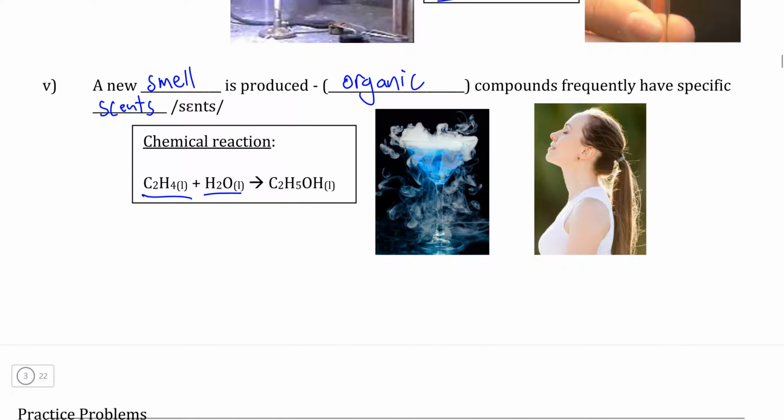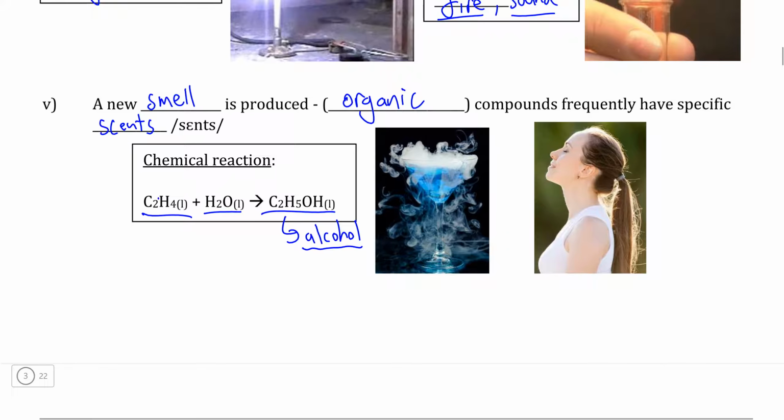However, when we react these together, we actually can produce alcohol, or more specifically ethanol, the alcohol that is used in beer, wine, etc. And many people report alcohol as having a very distinctive smell, especially when in high concentrations. And because neither of the reactant substances had any particular smell, but alcohol does, that is a good indicator that we have produced a substance that did not exist before.